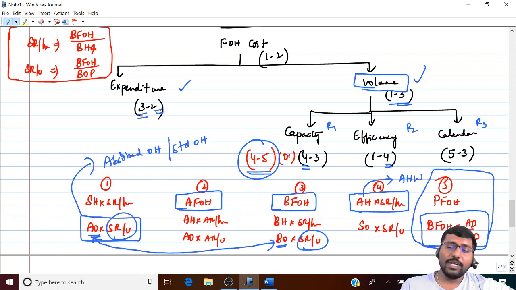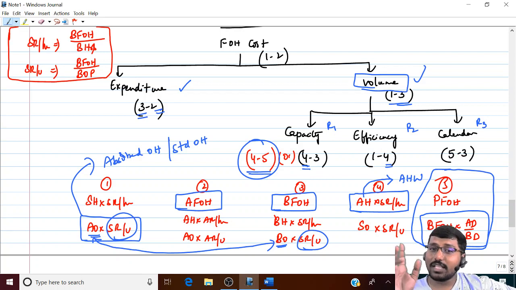Sometimes, when you read the question, you will not find any information with respect to calendar. You will not find actual days or budgeted days in the question. By not finding that information, you should understand that there is no calendar variance in this sum, which means your volume variance will be divided into only two: capacity and efficiency. Formula 5 will not come, and the formula for capacity variance will be 4 minus 3. So totally 3 changes.